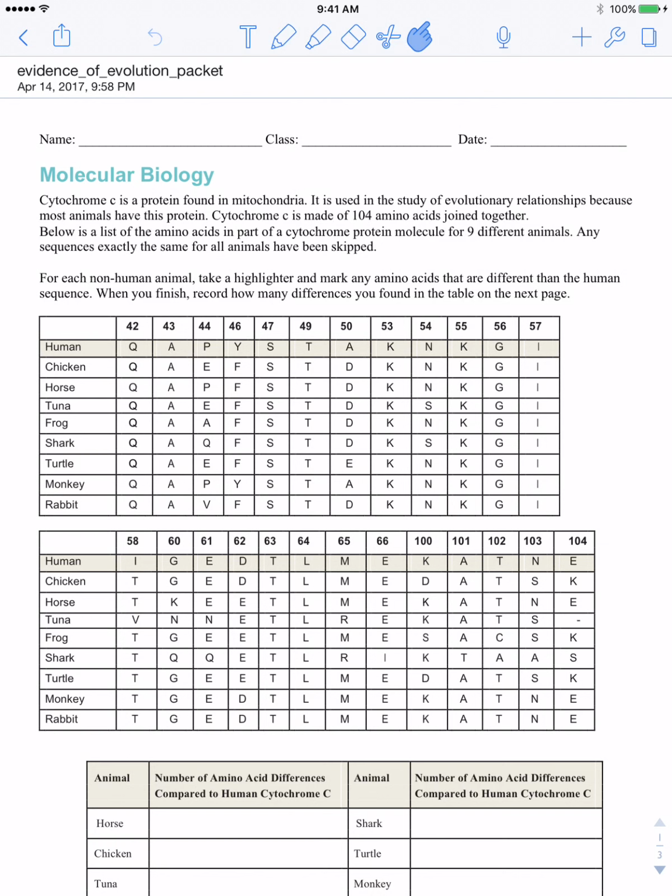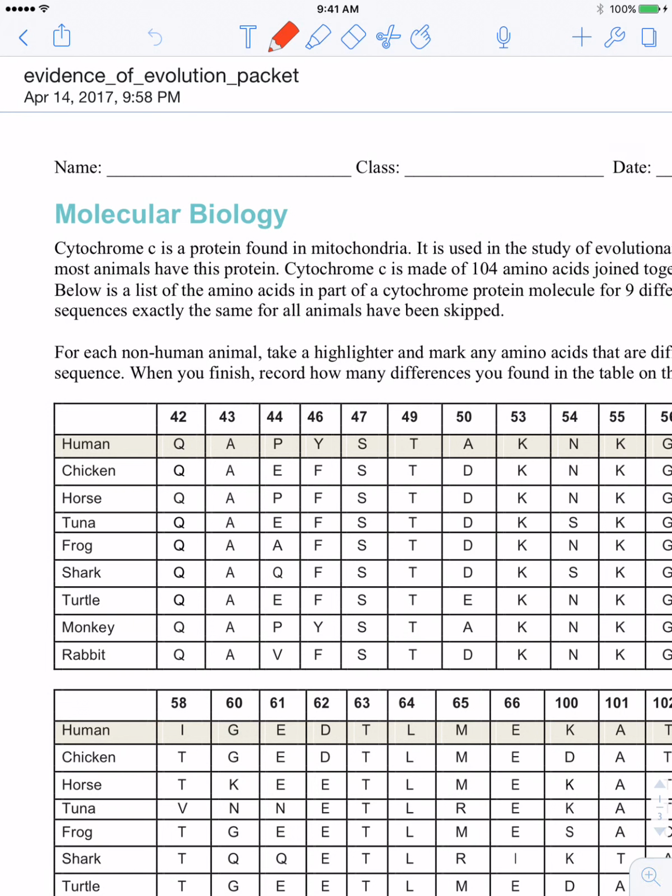So we have here one of those proteins that make up many forms of life, and that protein is called cytochrome C. And it's made out of 104 amino acids, which just means that it's made out of 104 building blocks, if you want to think of it that way.